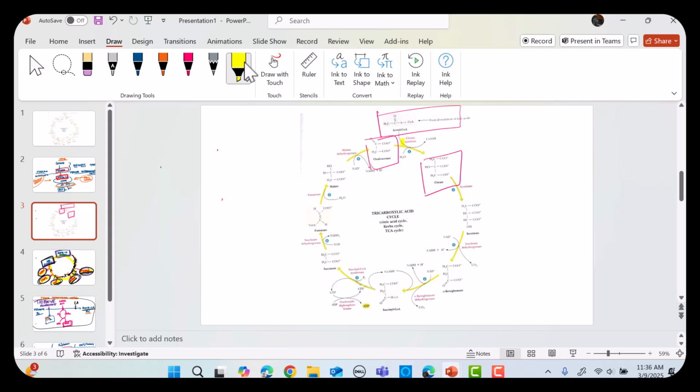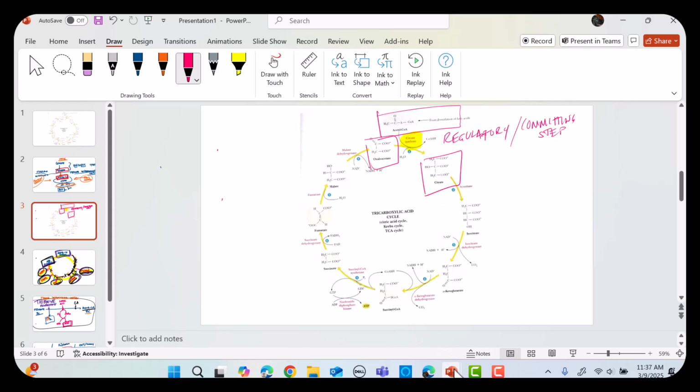The enzyme that catalyzes this is citrate synthase. It's regulatory, and it's our committing step. And we'll come back and talk about what regulates everything. So it's an enzyme that you need to know.